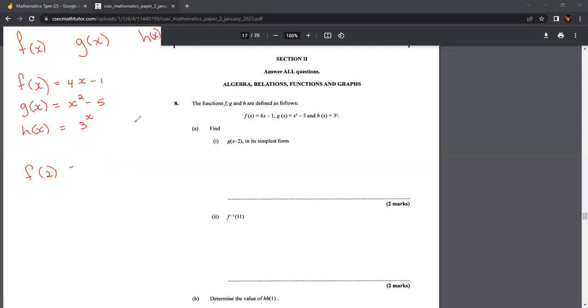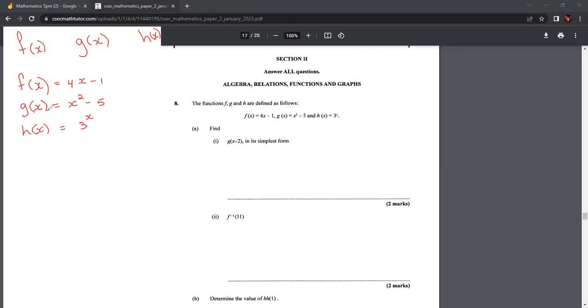So anytime they give us anything inside of these brackets other than x, we are expected to substitute whatever it is wherever x is located. Same thing for g of x.